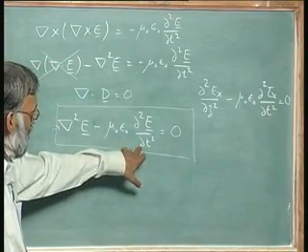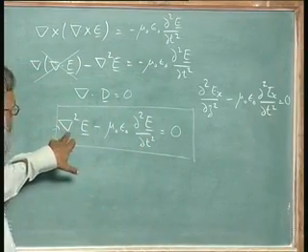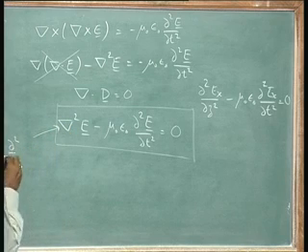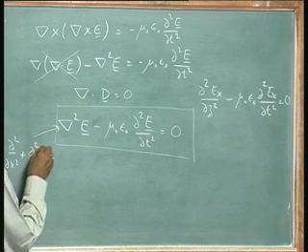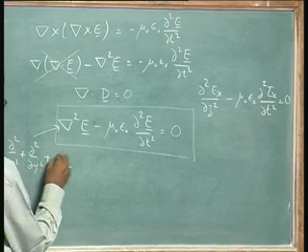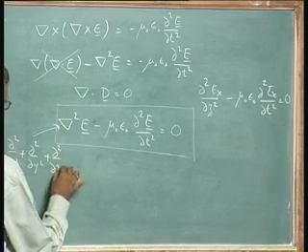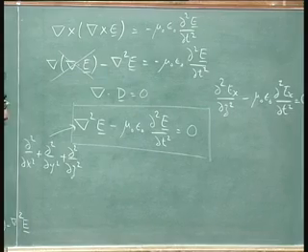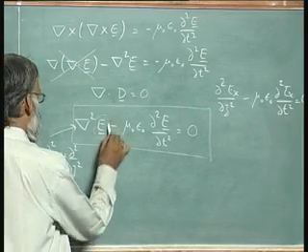This part is the same. This del squared now is del squared del x squared plus del squared del y squared plus del squared del z squared. So, it is already a little more complicated, but the real increase in complication is here.